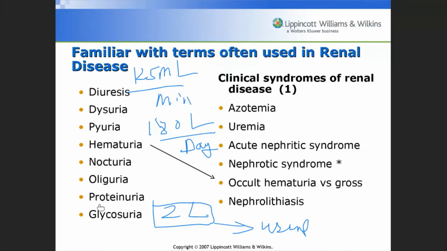The filtration membrane, again, is composed of the endothelial layers of the glomerulus, the basement membrane, and the visceral layers of the Bowman's capsule. That filtration membrane usually cuts off so that protein should not pass through. Albumin should not be passing through. If you see it passing through, then it is damaging the filtration membrane, and you will see proteins in urine.